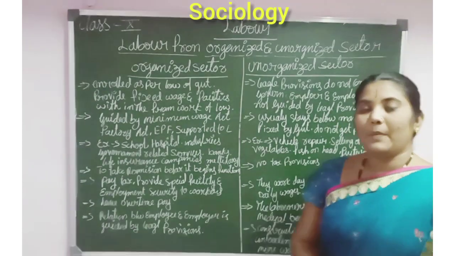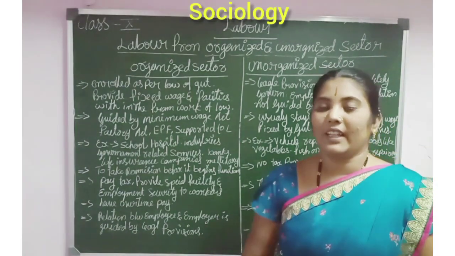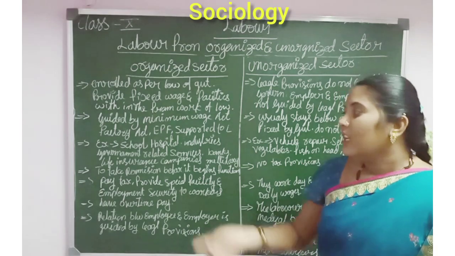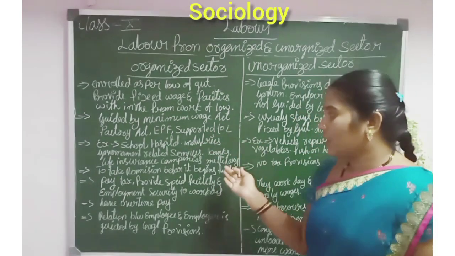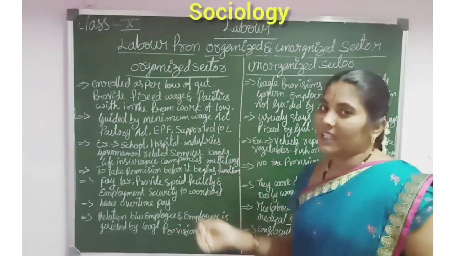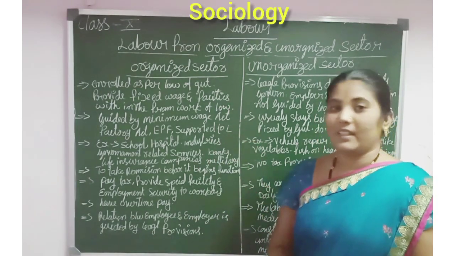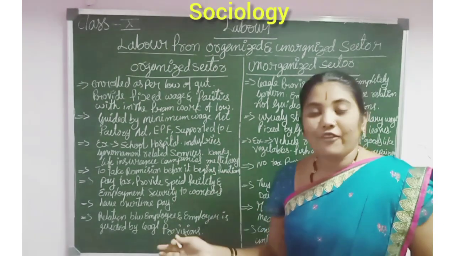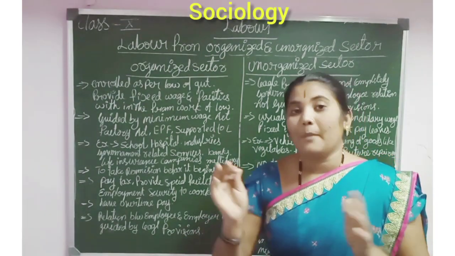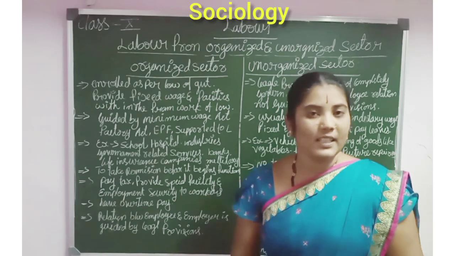What are the examples for the organized sector? Who is working under this organized sector? The schools, hospitals, industries, and government related services and government offices. Government services, commercial banks, life insurance, and the military come under this organized sector.